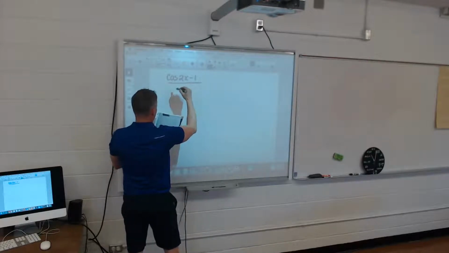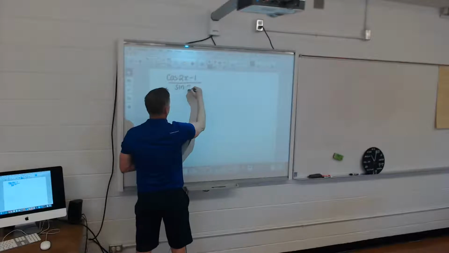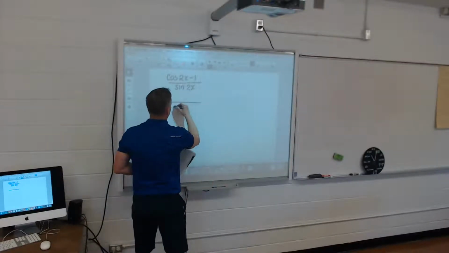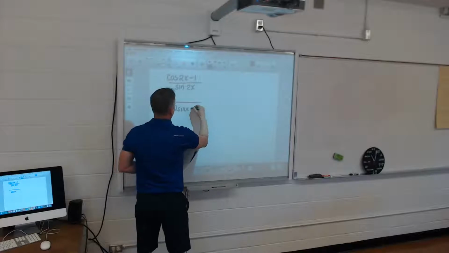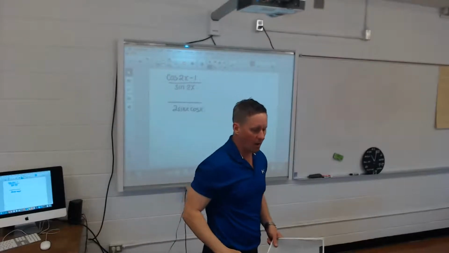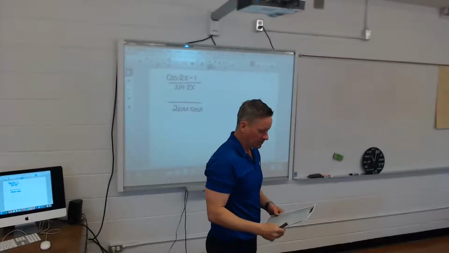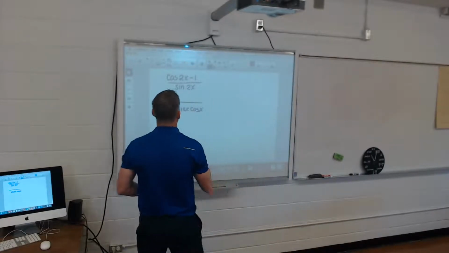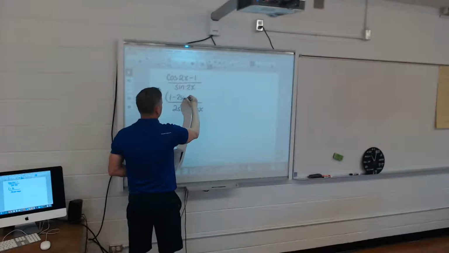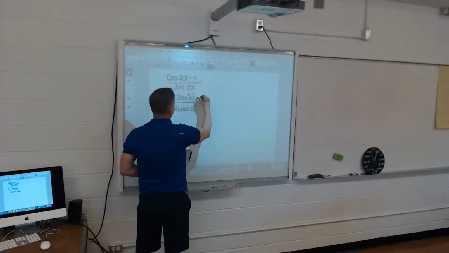So that was over sine 2x. Okay. So sine 2x we know is 2 sine x cos x. So if I'm doing this question, I want to get rid of that negative 1. So to do that, for the cos 2x, I'm going to use 1 minus 2 sine squared x.